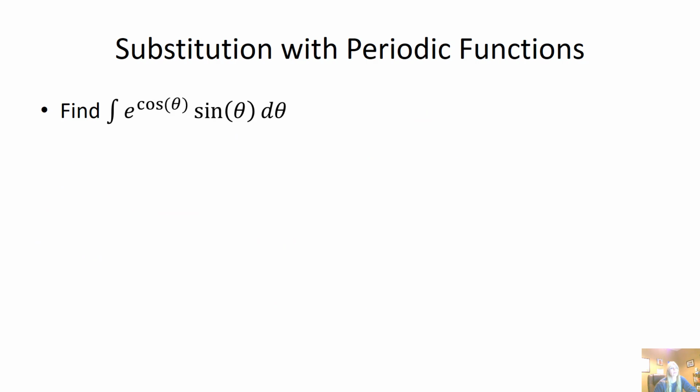All right, so let's look at another one. On this one here, why not let my u equal cosine of theta? The derivative of u, remember, is minus sine. Well, that's okay. That's kind of like saying a -1.